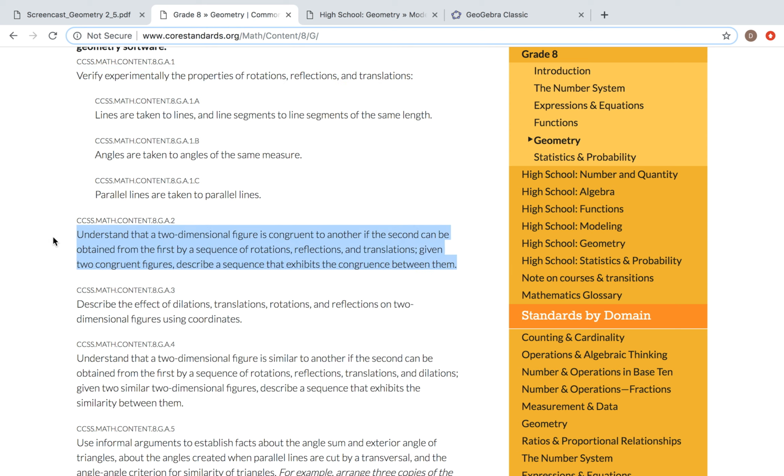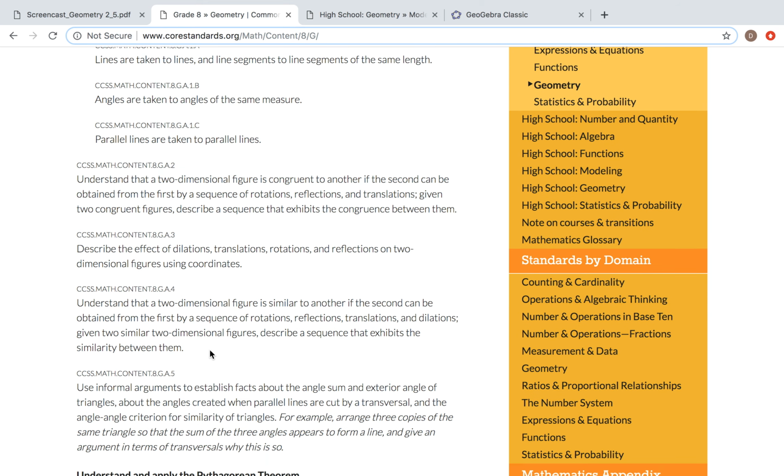Number 2 here, understand that a two-dimensional figure is congruent to another if the second can be obtained from the first by a sequence of rotations, reflections, and translations. And the fourth one here, understand that a two-dimensional figure is similar to another if the second can be obtained from the first by a sequence of rotations, reflections, translations, and dilations.